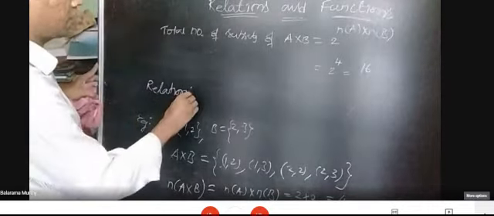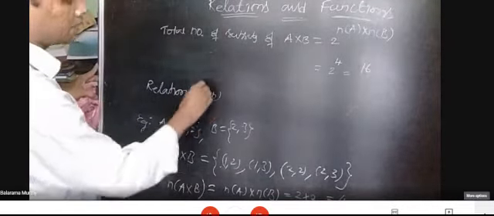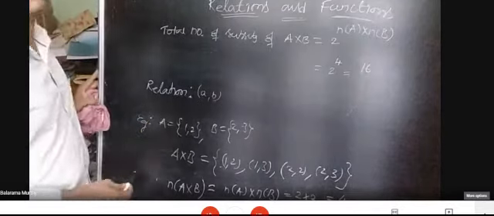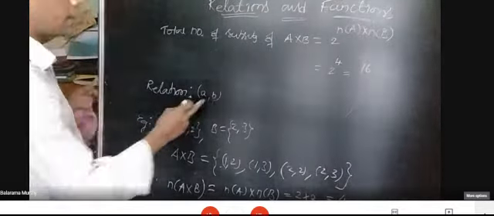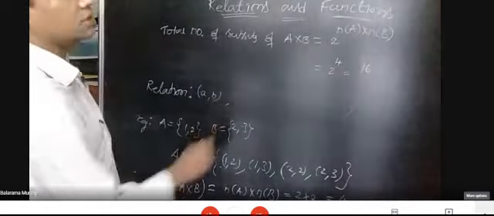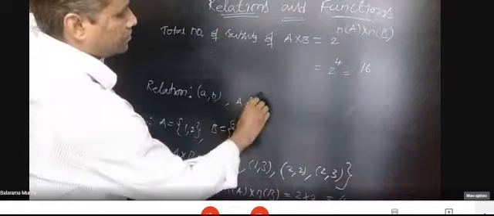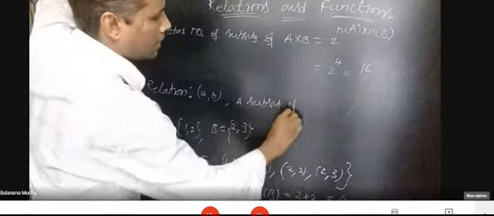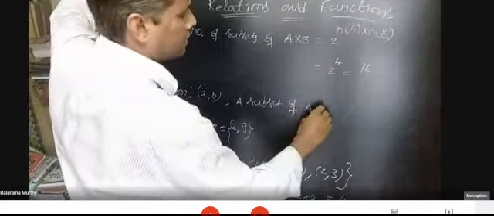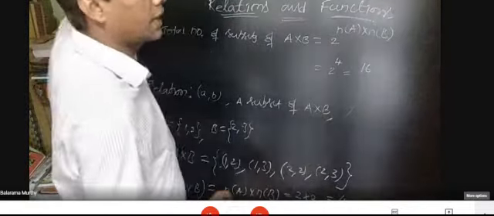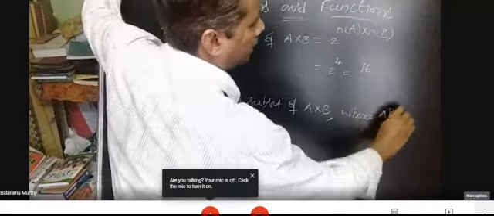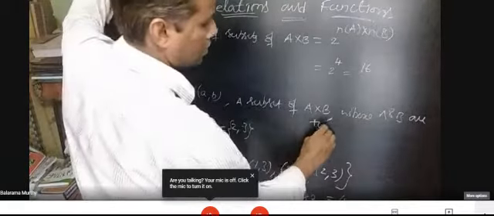This relation is generally defined as A comma B. That means A is related to B. Its definition is that it is a subset of A cross B, where A and B are two non-empty sets.